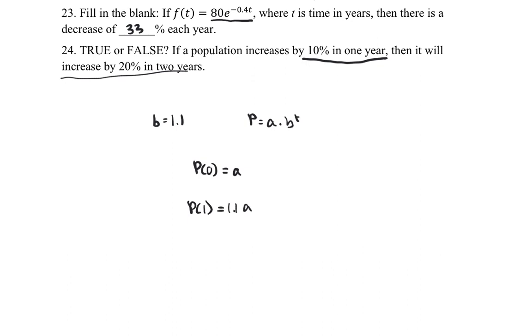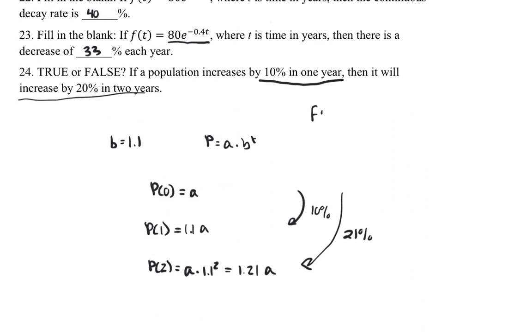Then p of 2, we'd say, is a times 1.1 squared, and that would give us 1.21a. Now if you go 2 years, we end up going 21% over. So for this question, I'm going to have to say that is false, because we're not growing by 20%, we're growing by 21%.